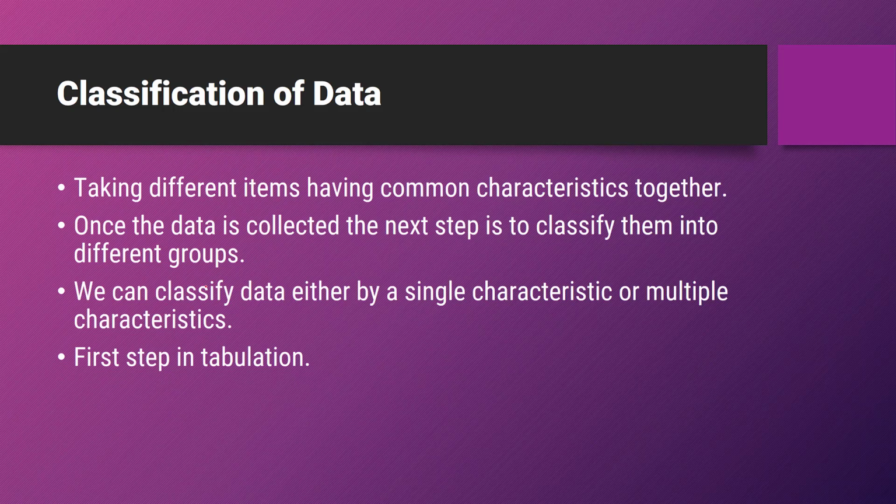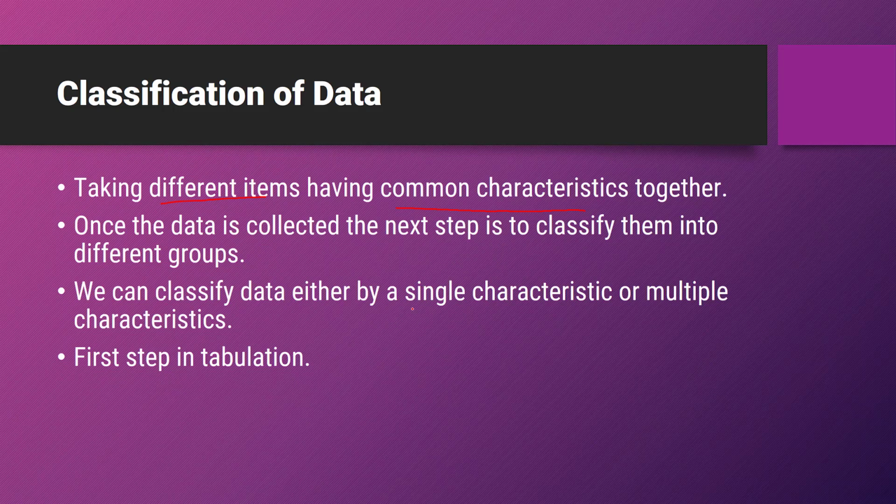So classification of data means taking different items having common characteristics. So in your data, the different values or numbers or classes may have certain common characteristics. We identify those common characteristics and group different values according to them, right? So once our data is available to us, we will classify them into different groups.